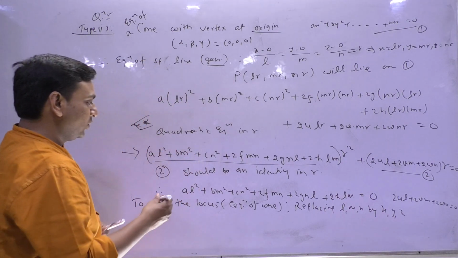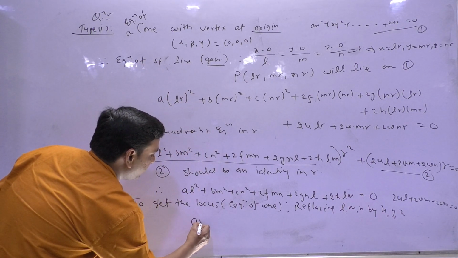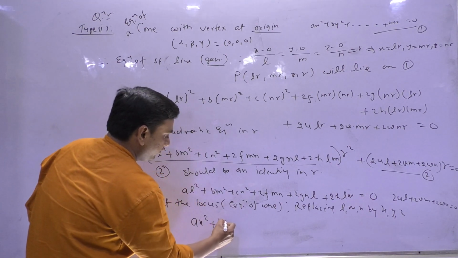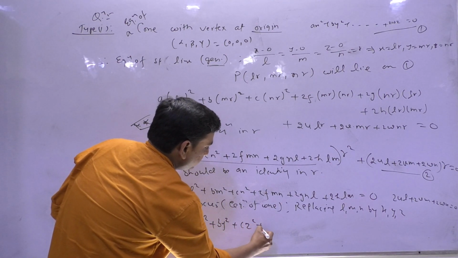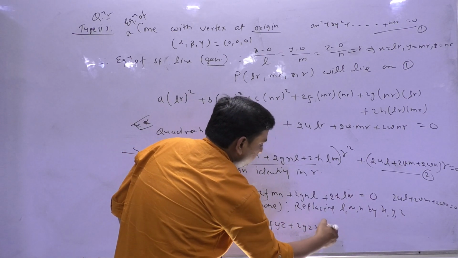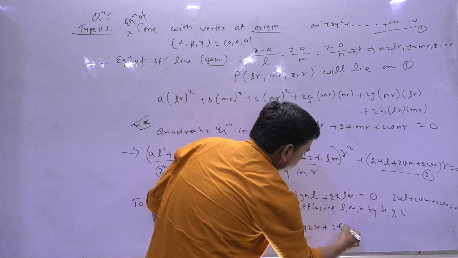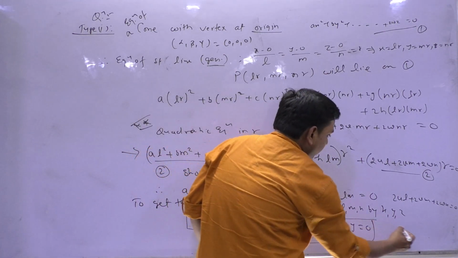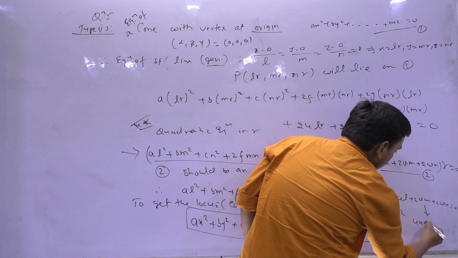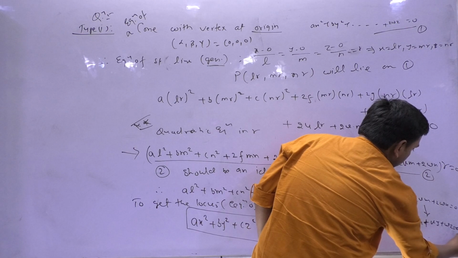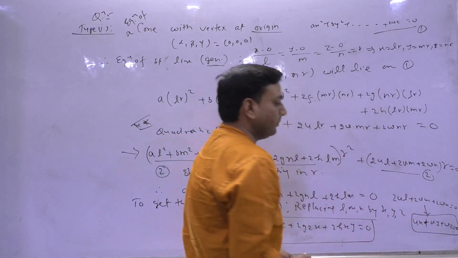Clear? So I will have the equation like ax² plus by² plus cz² plus 2fyz plus 2gzx plus 2hxy equals 0, whereas from the other one, ux plus vy plus wz equals 0, which is nothing but a plane only.